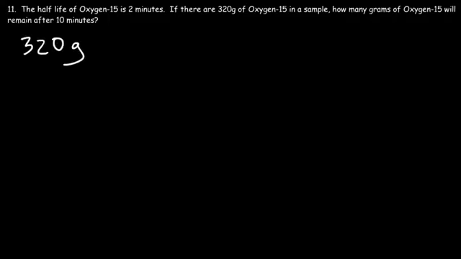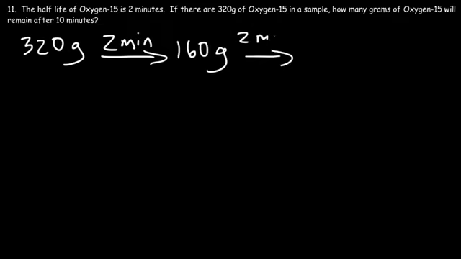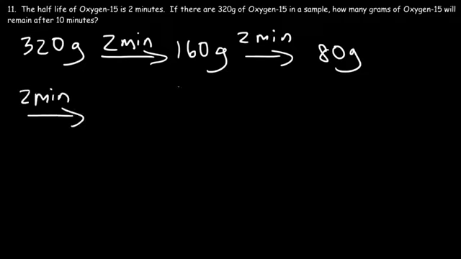So we have 320 grams of oxygen-15, and the half-life is 2 minutes, so in 2 minutes, half will remain. So we're going to have 160 grams of oxygen-15. And in another 2 minutes, we're going to have 80 grams. And then after another 2 minutes, it's going to be 40 grams.